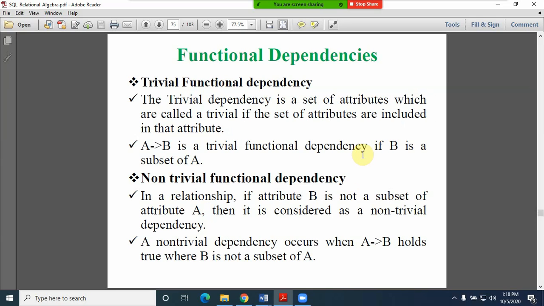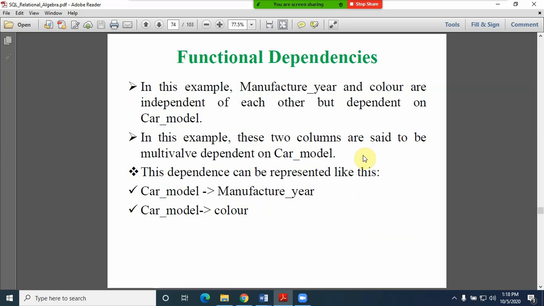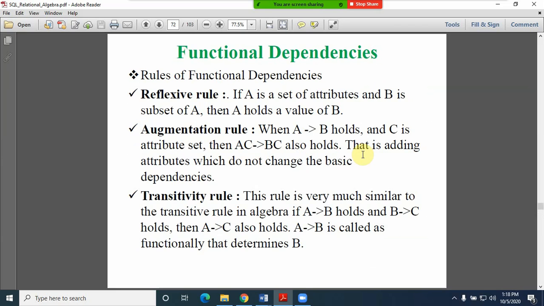In case of the definition, the rule is very similar to the transitive rule in algebra. A to B holds and B to C also holds, then A to C also holds.